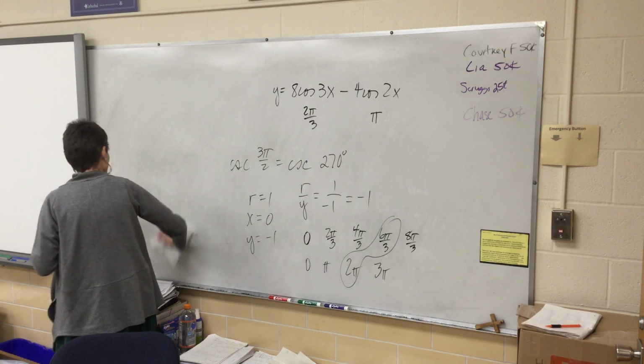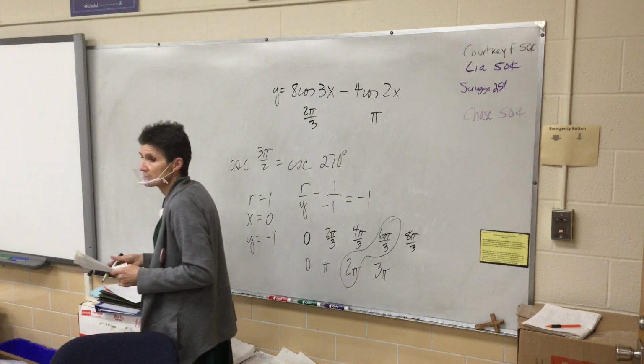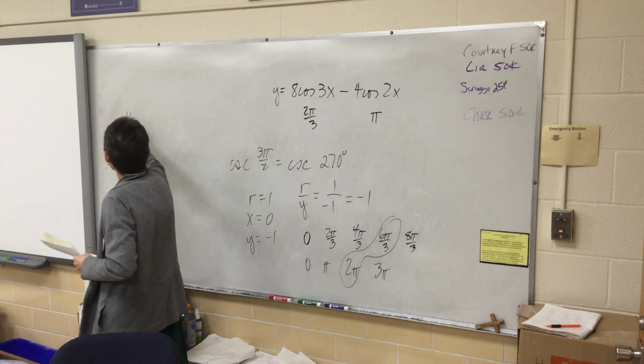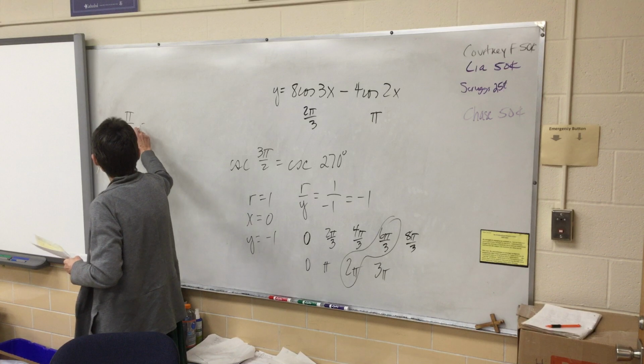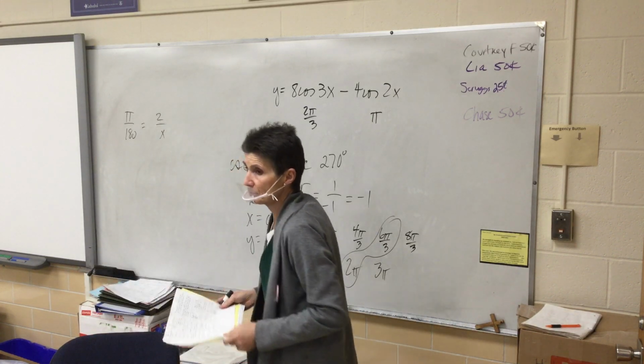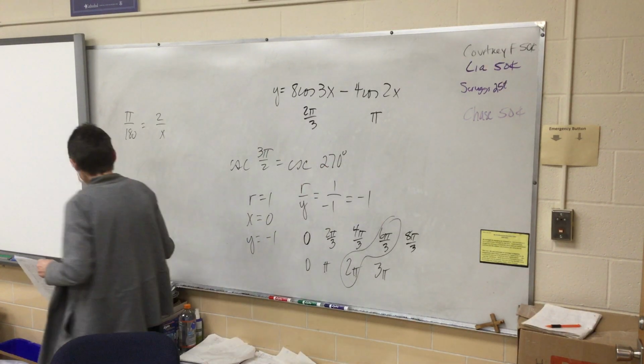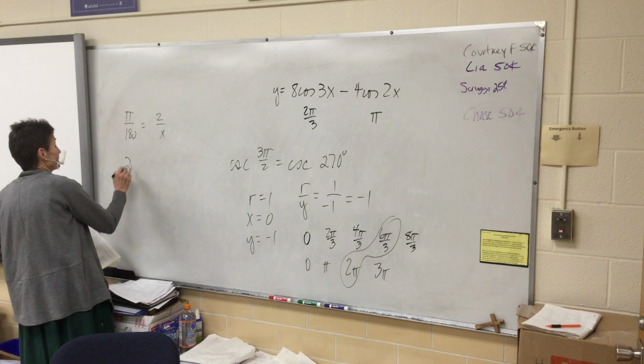Change 2 radians to degrees. Well, that's easy. I know pi radians is 180 degrees, so 2 radians is how many degrees? Be careful. It's actually 360 divided by pi.